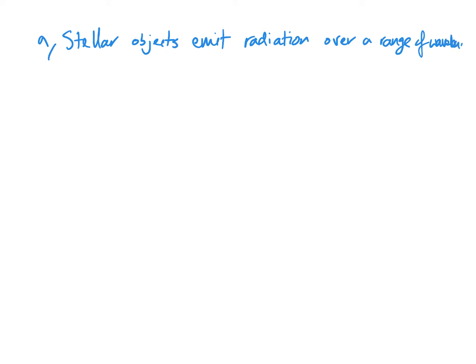Basically, we're quite familiar with the idea that the sun gives out a spectrum. It doesn't just give out a single wavelength, right? And that's true for basically all stellar objects. All stellar means to do with stars. A range of wavelengths.